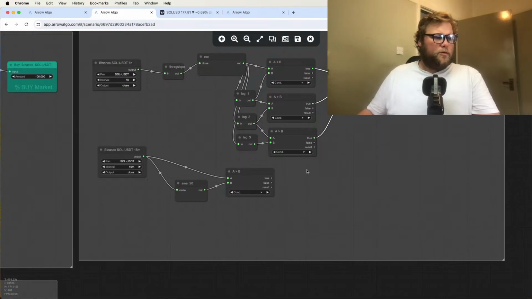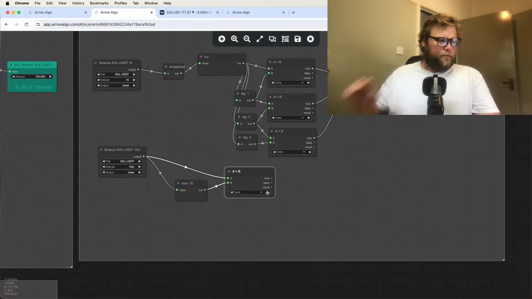Because if it is, then we don't want to sell, so we'll change that to a less than. So if it is above, then we don't want to sell. So if it's less than, then we can.